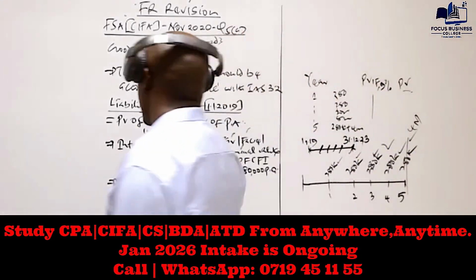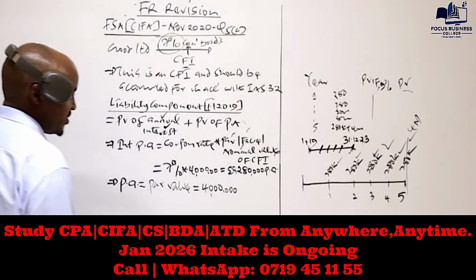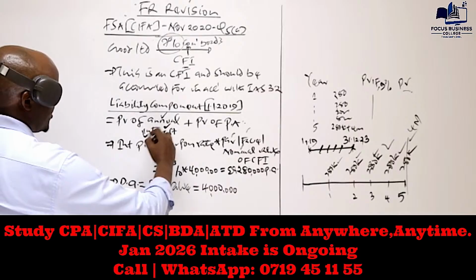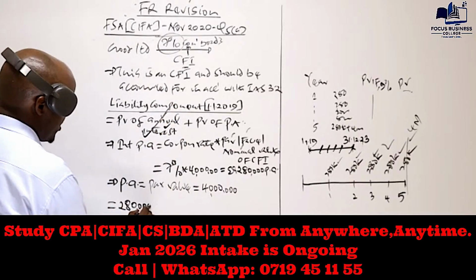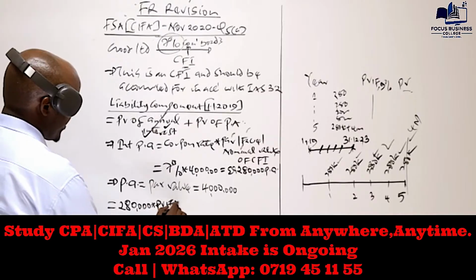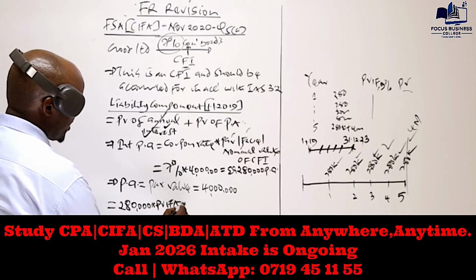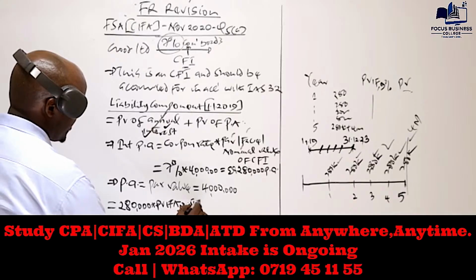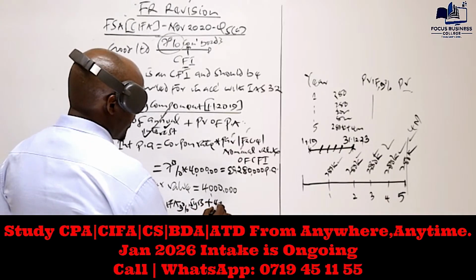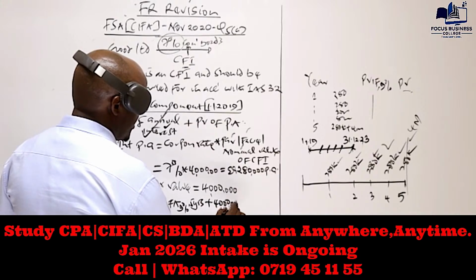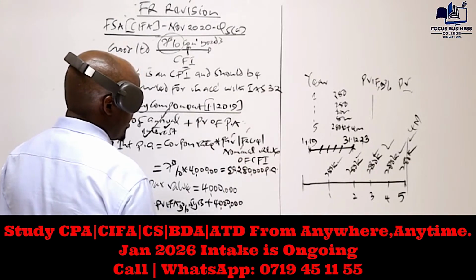Alternatively, because the 280,000 is an annuity, to discount that we take 280,000 and multiply it with the present value interest factor of annuity at the rate of 9% for 5 years. Then this 4 million is a lump sum which will be paid at the end of year 5.